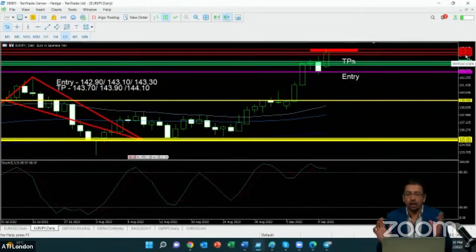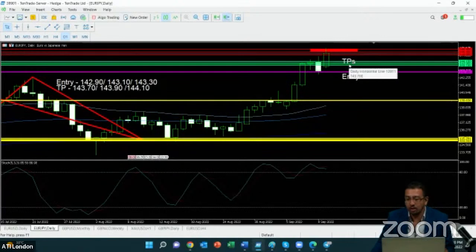If it comes lower and doesn't bounce from 144.00, but goes lower than 144.00 and pierces through all these three lines, then it's got a better chance for selling to take place and for us to enter selling as well.